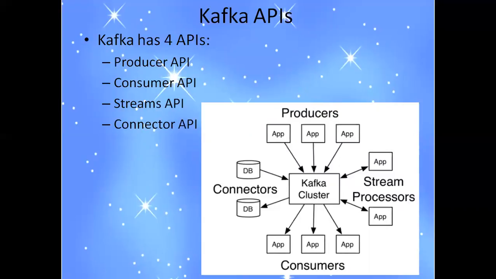So Kafka has connectors. We're not going to go into that today. And stream processors, again, if you want to publish this to another stream or read from a different stream, you could do that. And consumers are just the consumers of the messages. And so what we are going to see is producers and consumers today.